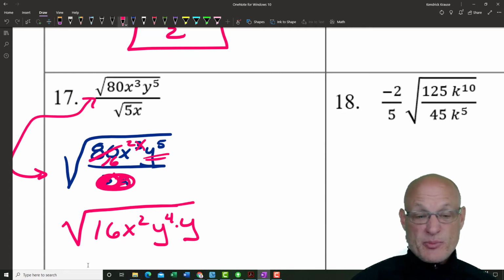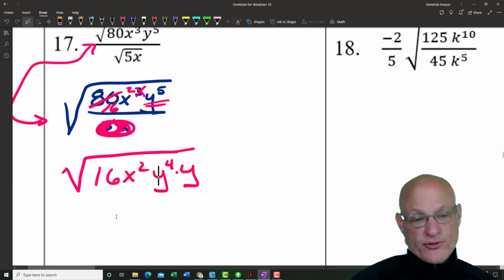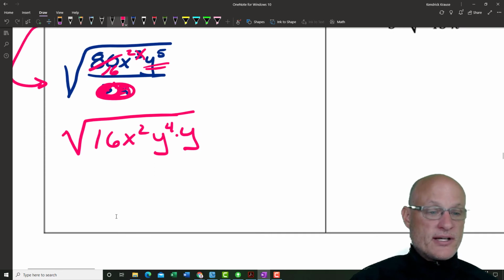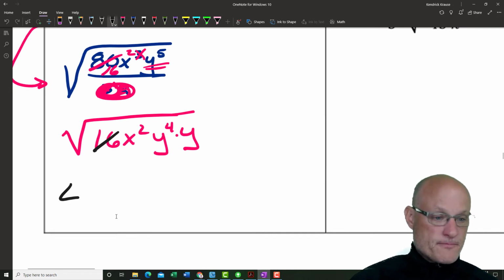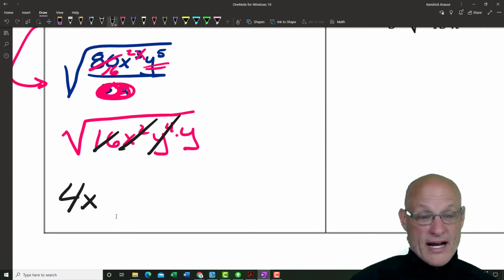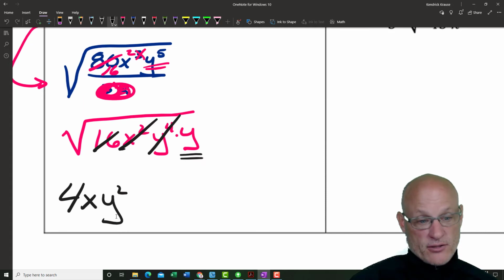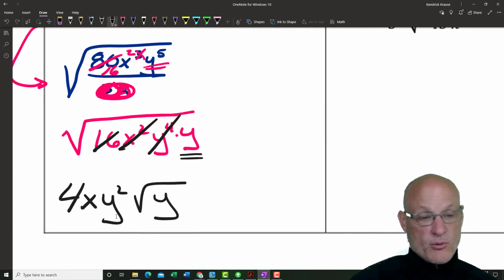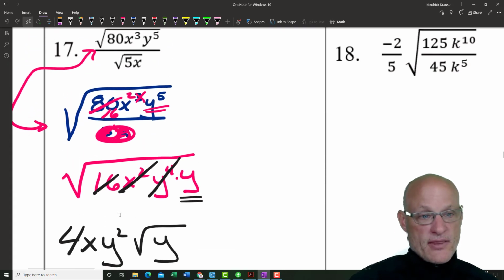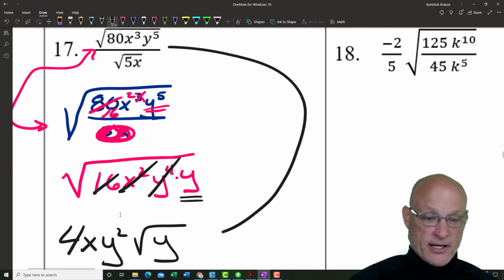I just wanted to speed things up a little bit because I already know 16 is a perfect square. So if I take the square root of 16, I get 4. The square root of x squared is x. The square root of y to the 4th is y squared. So the only thing left under the radical is the square root of y. It's hard to believe, I know, that that weird, complicated thing became that.